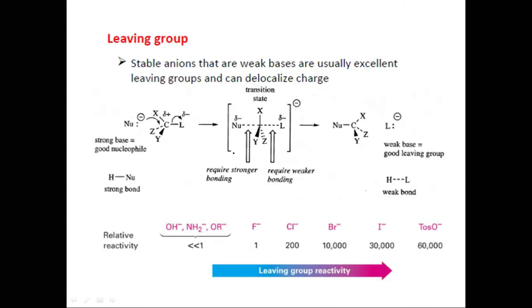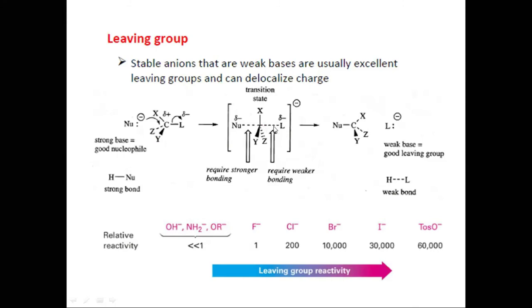During this case, what will happen? The transition state needs to be attained. Nu minus has a partial negative charge, and the ligand needs to leave as a partial negative charge only. If you see the transition state image, the new bond is trying to establish between the carbon and the Nu, which requires stronger bonding, and the bond breakage is happening between the carbon and the ligand.